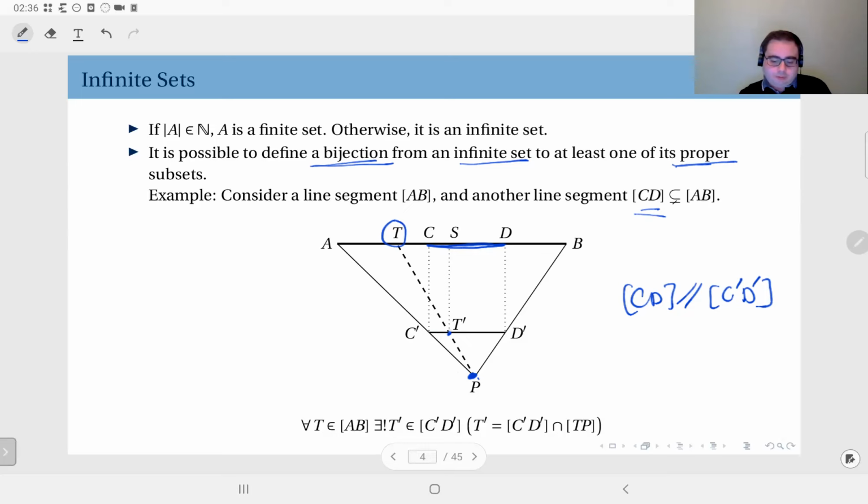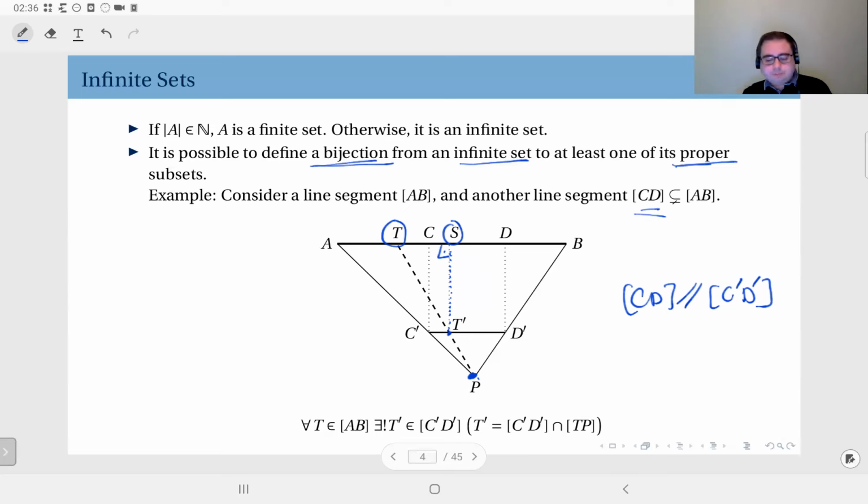Now connect T prime with an orthogonal to AB, and clearly it's going to fall onto CD, and it's going to mark a point on CD, which is in this case the point S. Okay, so this is my function.